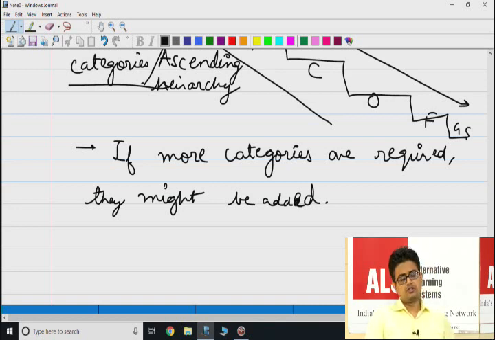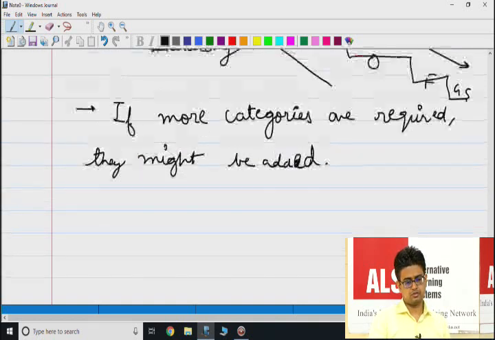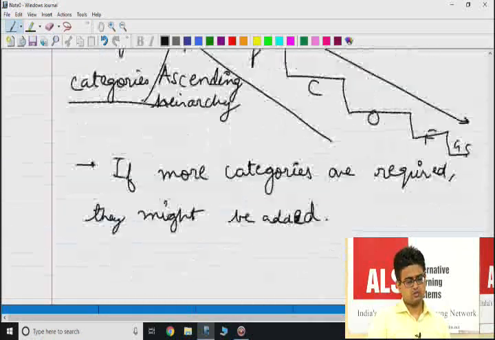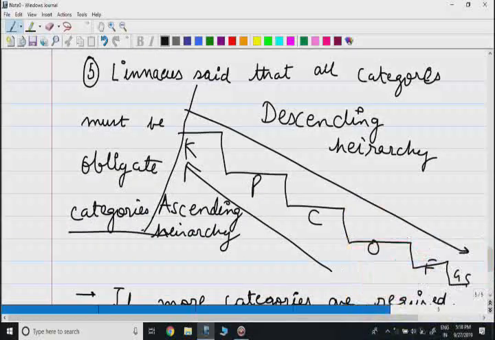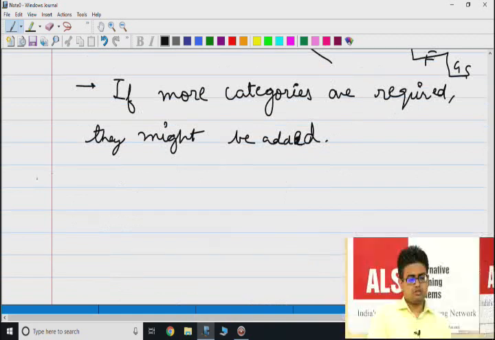Now we must consider some systems of classification.